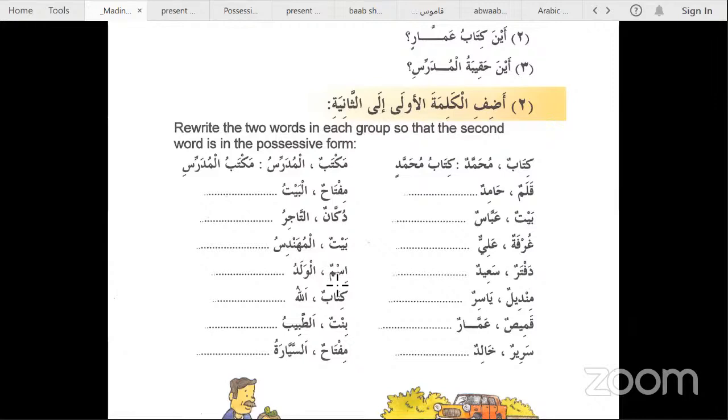It becomes ismu. اسم الولد. Ismul waladi. Excellent. And ghurfatu علي. Excellent. And baytu بيت المهندس. Excellent. MashaAllah. Very good. Can you choose the next student to come on the mic?